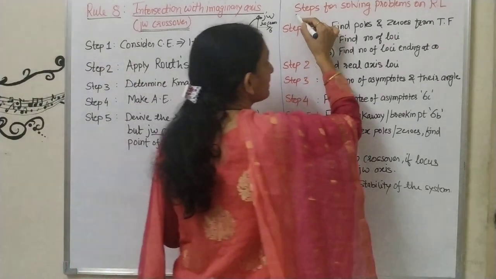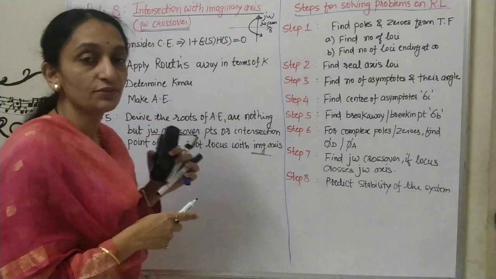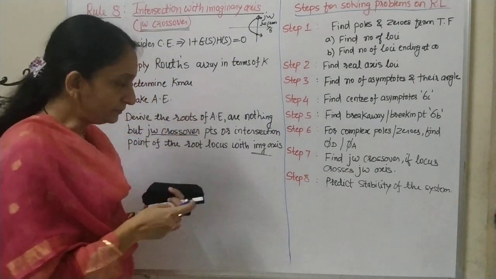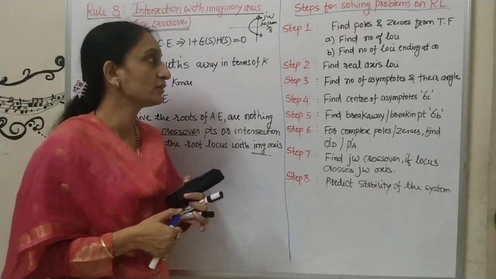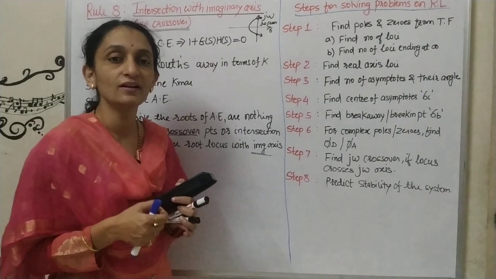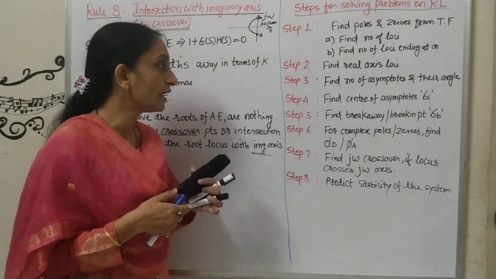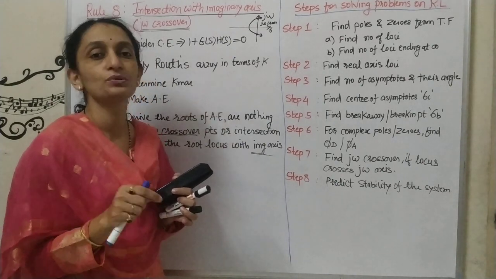So actually we are revising all the rules that we have completed, from rule number 1 to 8. Here I have not written it, but when I started I told you that root locus is always symmetrical about the real axis. I gave an example and we discussed that root locus will always be symmetrical about the real axis.